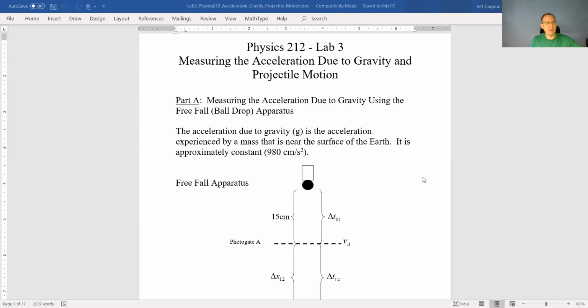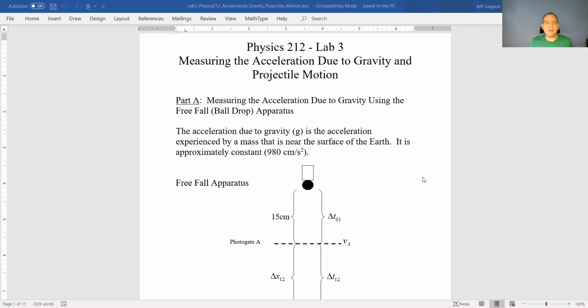It's around 9.8 meters per second squared, or if we use CGS units instead of SI units, around 980 centimeters per second squared. So the goal for this lab is to measure that acceleration, which we typically call G.